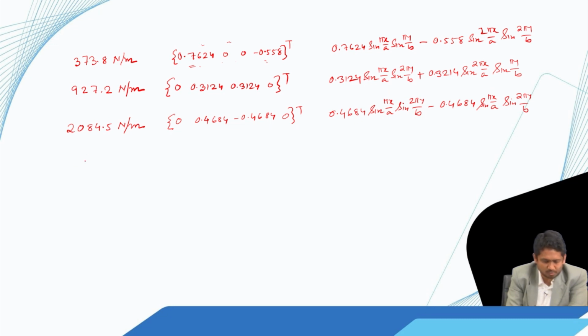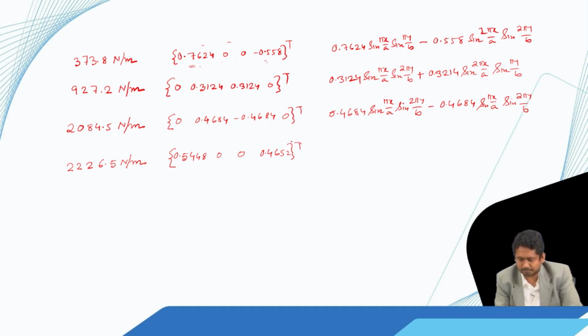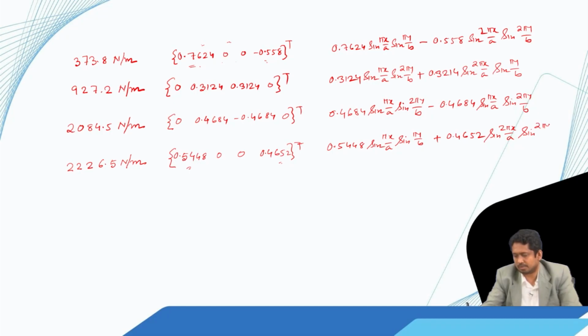Last one is 226.5 Newton per meter, and here we have 0.5448, then 0, 0.4652, and if I write it in the function form, I have 0.5448 multiplied by sin pi x by a into sin pi y by b, because this is the first and we have last, plus 0.4652 into sin 2 pi x by a sin 2 pi y by b.